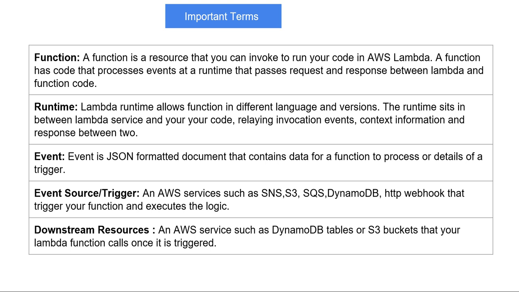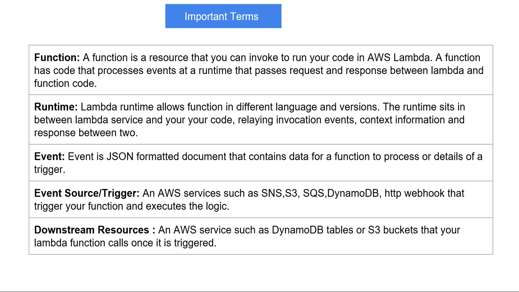So when a trigger happens, like we hit a URL and pass some values in the query string or as an input parameter, or we upload a file on S3 storage, some details of the event are passed to the Lambda function in JSON format.